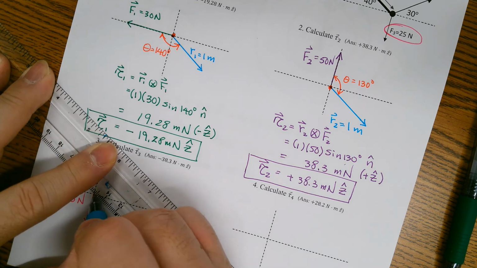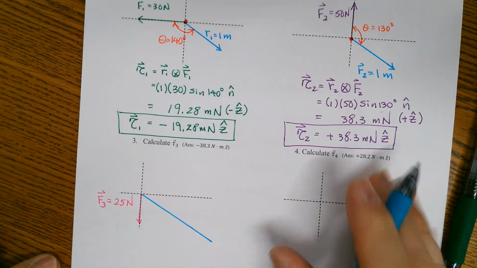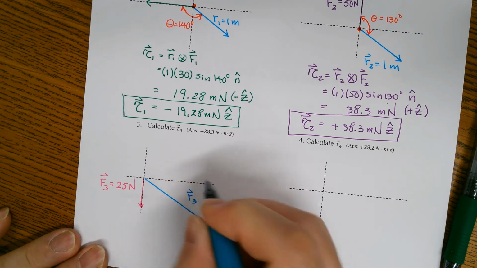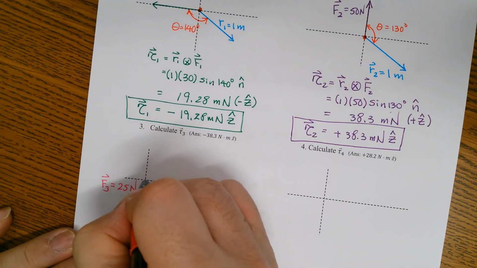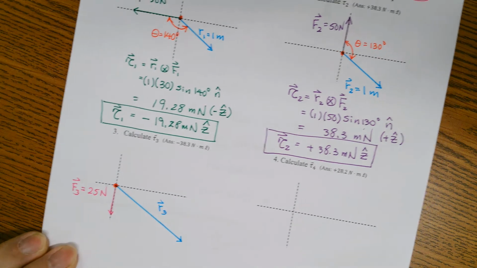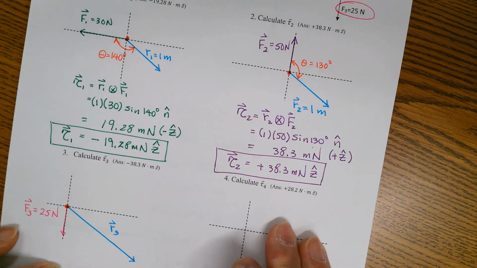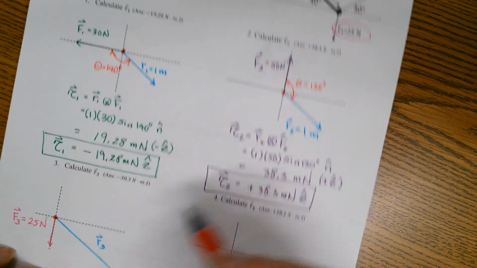So here is my R3, okay? And again, this is the pivot point. So what is the angle between F3 and R3?